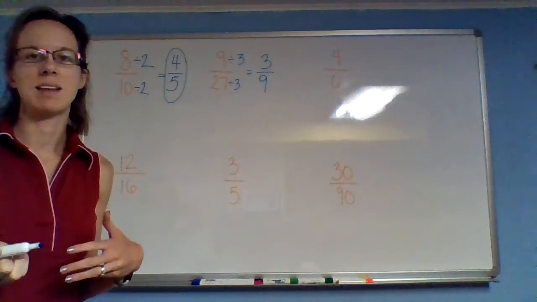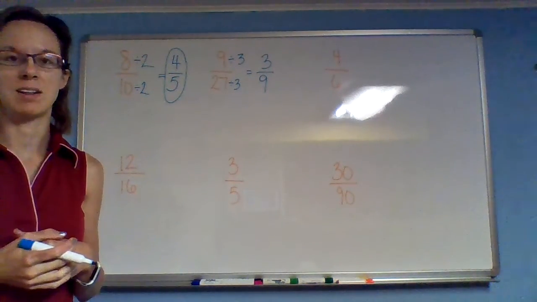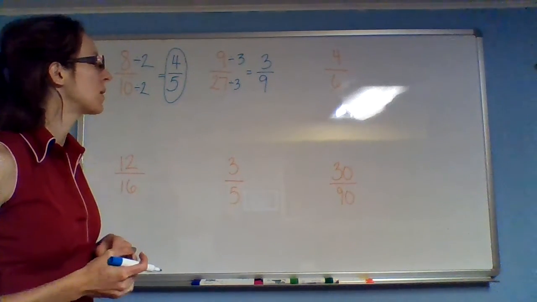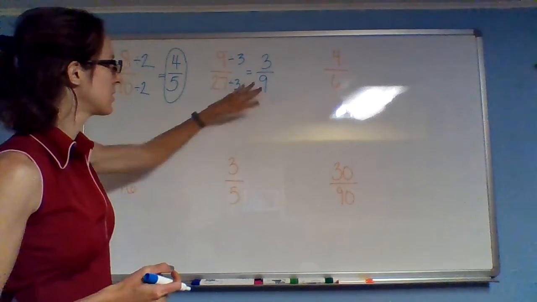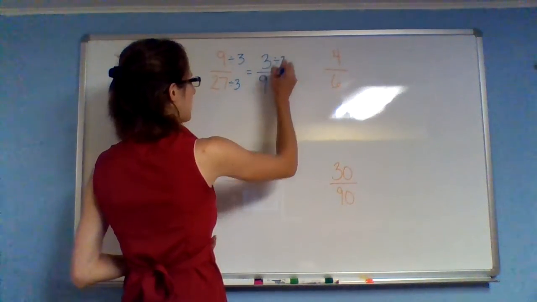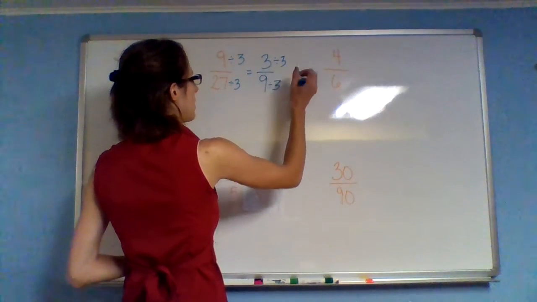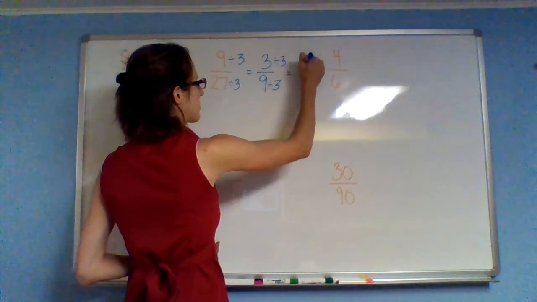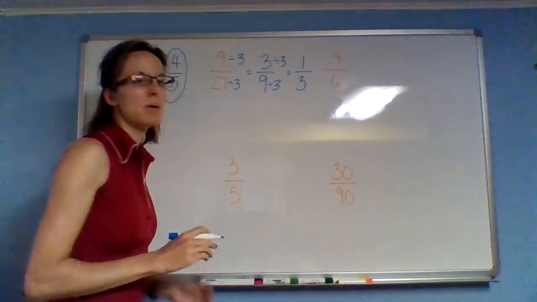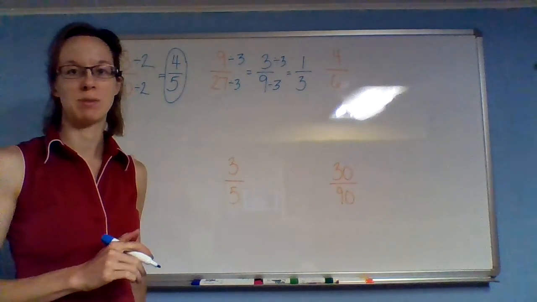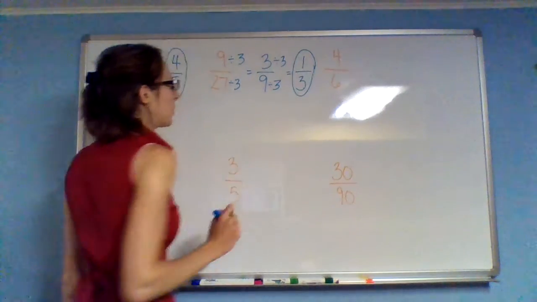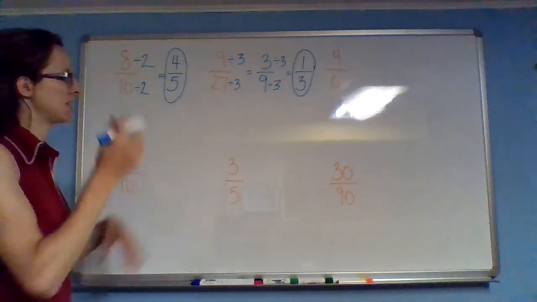Now I might like to think that I'm done because I did some division and that felt like a lot of work, but I need to check those numbers again to see if I can divide them out anymore. 3 and 9 can both be divided by 3 again. 3 divided by 3 is 1. 9 divided by 3 is 3. When I end up with a 1 on the top, I know for sure I'm in simplest form because that can't divide down any farther. 1/3 is the simplest form of 9/27.